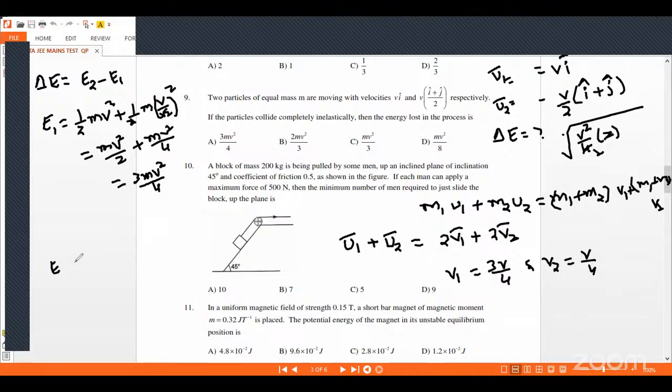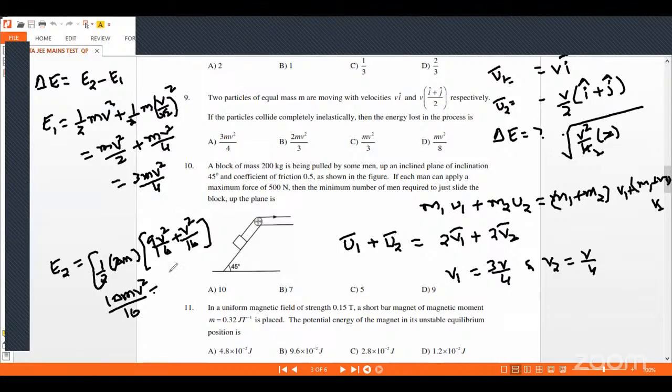Similarly, final energy will be half into mass 2m, V1 square is 9v square by 16, V2 square will be v square by 16. So that is 10mv square by 16, or we can say 5 by 8 mv square.